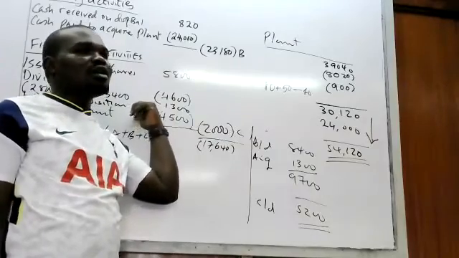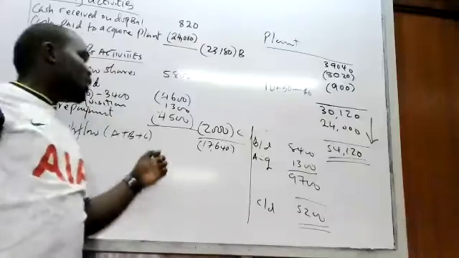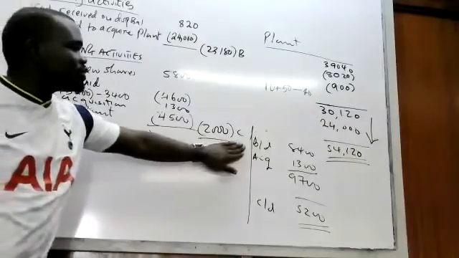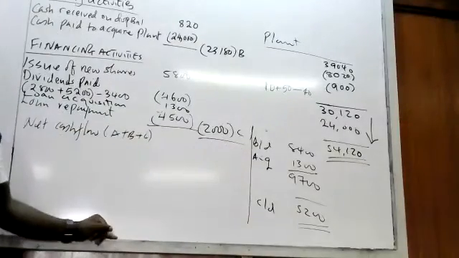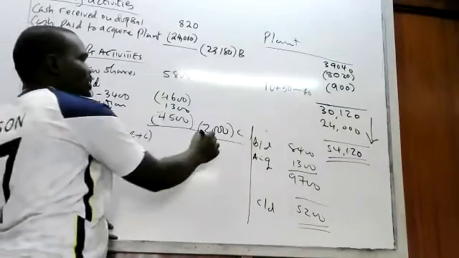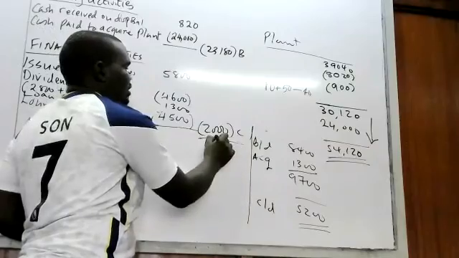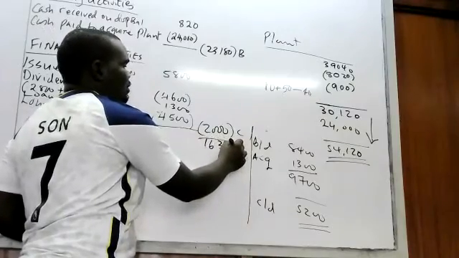Then we pay 45. So minus 32. If you say minus 32, this one will be how much? Negative.